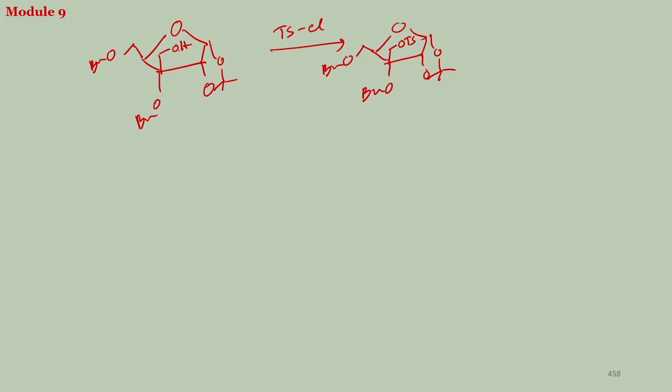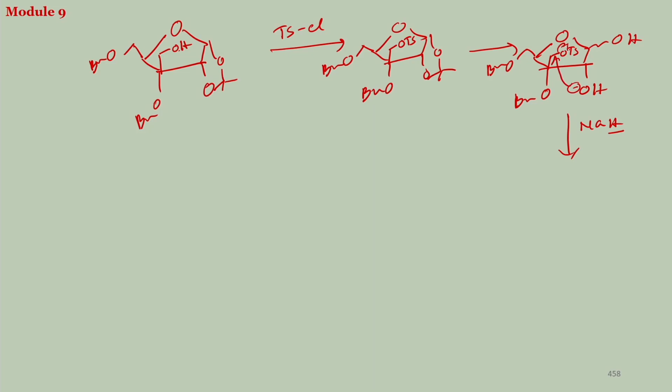O benzaldehyde, and then I will open this up, deprotection, OTs, that will give you OH here, it will give you OH there, OBn, OBn, and now if you use sodium hydride, which is H minus, basically that will take off this, it will make an O minus here, and this O minus would be very reactive, it can do this reaction, elimination.